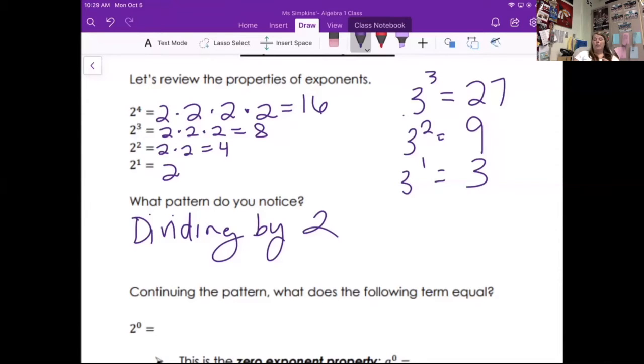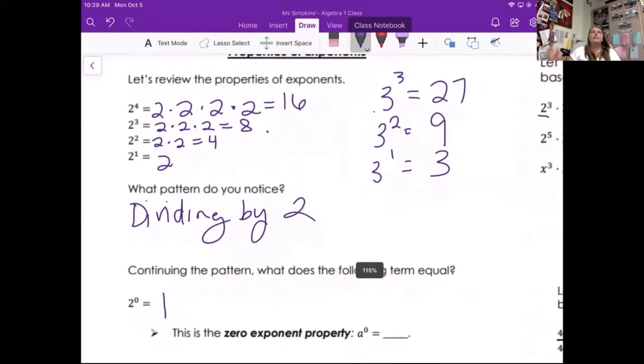But following this pattern, we went from 16 divided by 2 was 8. 8 divided by 2, 4. 4 divided by 2, 2. So what would 2 divided by 2 be? 1. As our exponents get smaller, our answer is being divided by 2.